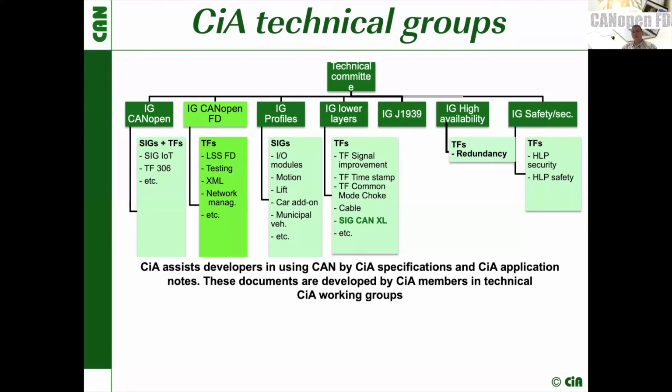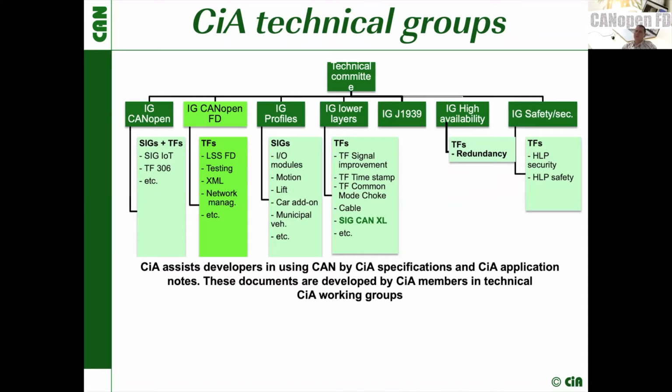As we have now some groups dealing with different communication techniques, we have to think about what if they are standardizing the same issues. So for example, how does an I/O module arrange the data and communicate it via CAN? Why should we describe this in a different way for CANopen FD, or for J1939? So device developers could benefit if the way the data is arranged within such a device, such an I/O module, for example, would not depend on the communication technique we are using to transfer the data.